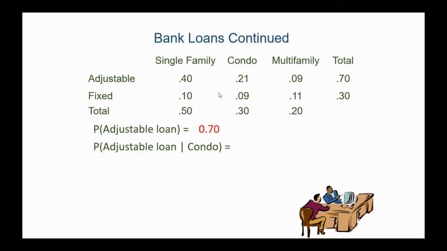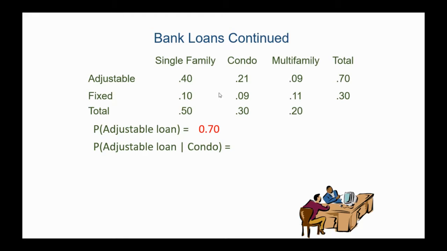Now, let's look at the probability of an adjustable loan given that the loan is for a condo. So how can I set this one up? What goes on top? 0.21, good. 0.21 goes on top, what goes on bottom? 0.3.